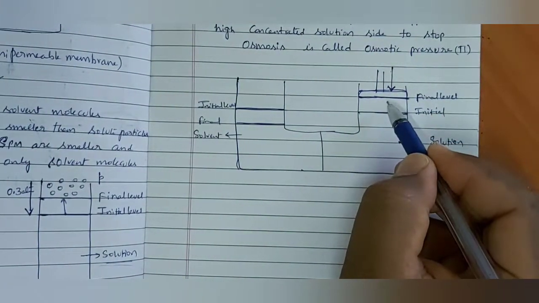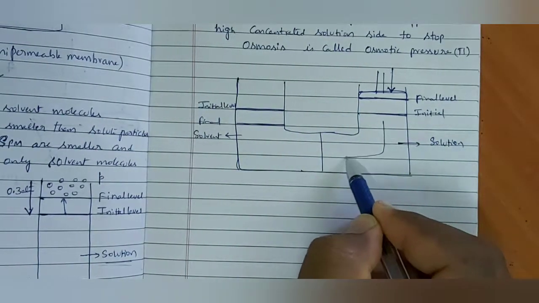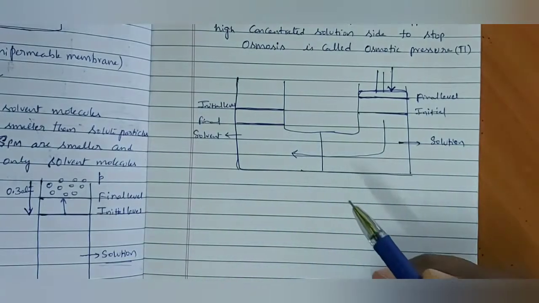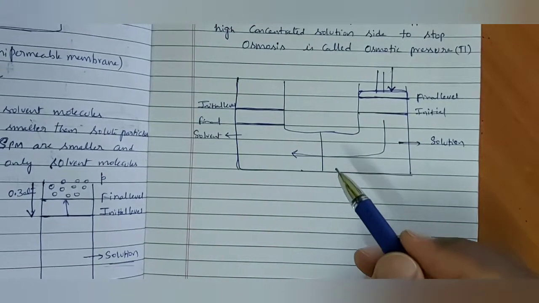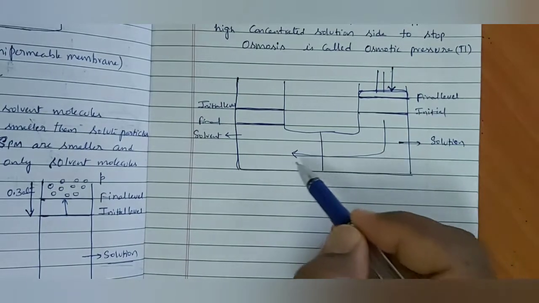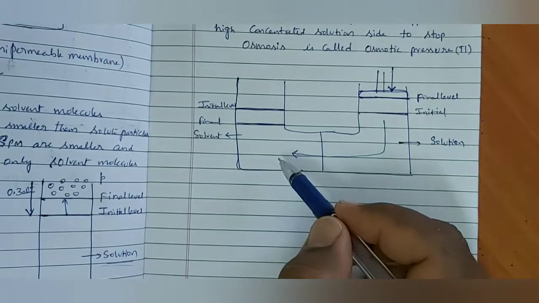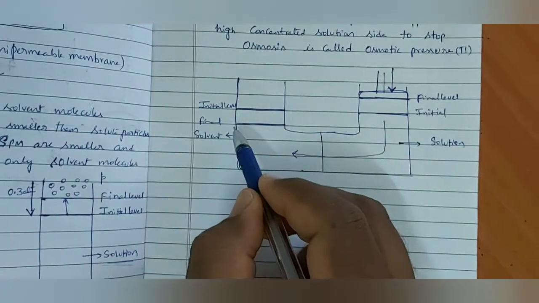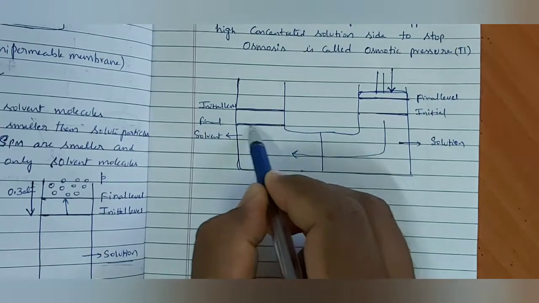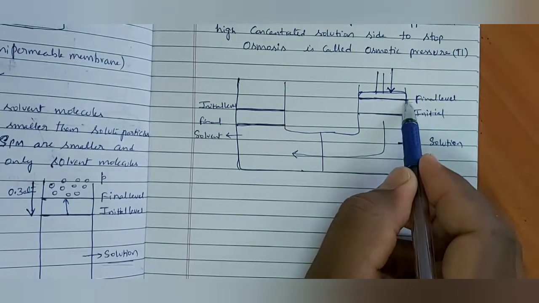When I am applying the pressure, solvent molecules will move from solution side to solvent side. This is the final level of solvent and this is the final level of solution after osmosis is stopped.